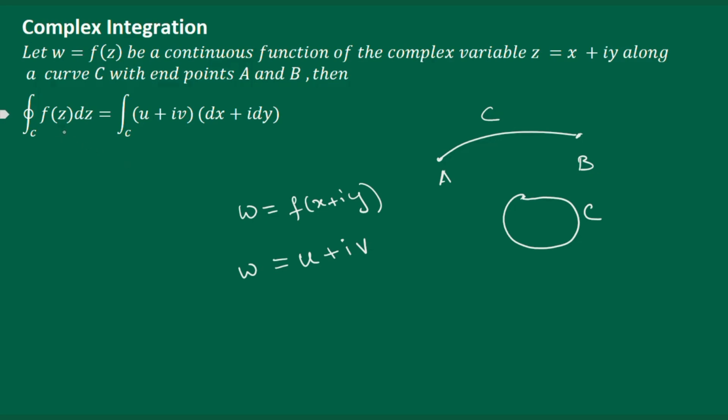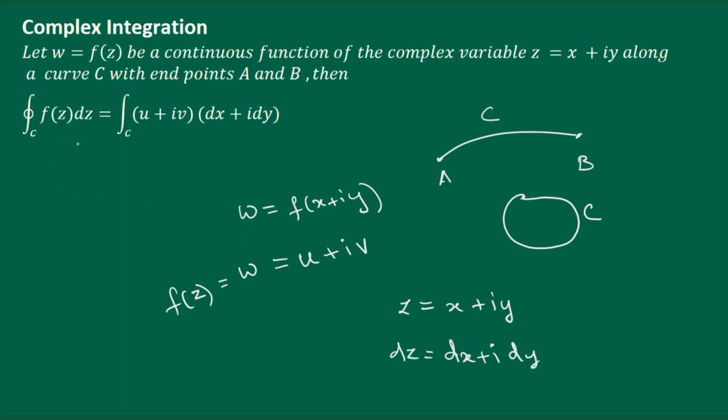So f of z, that is w, is equal to u plus iv. Here we have replaced f of z with u plus iv, and then dz is what? z is already x plus iy, so dz can be written as dx plus i into dy.